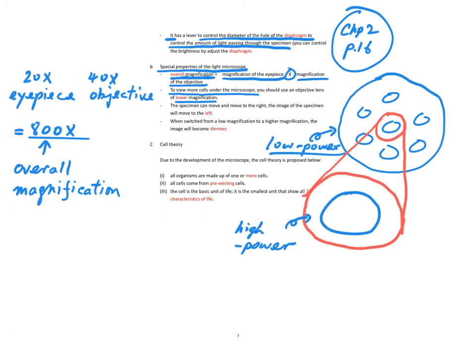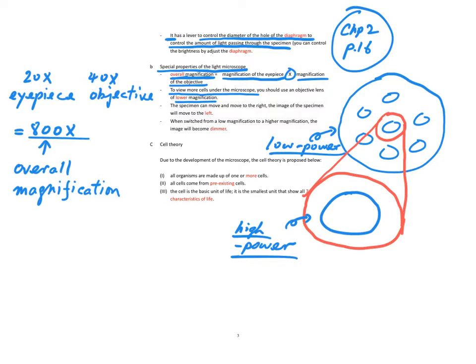You can see that the high power magnification only enlarges the middle part of the low power magnification. The area of specimen being observed at high power magnification is smaller than that of low power magnification.